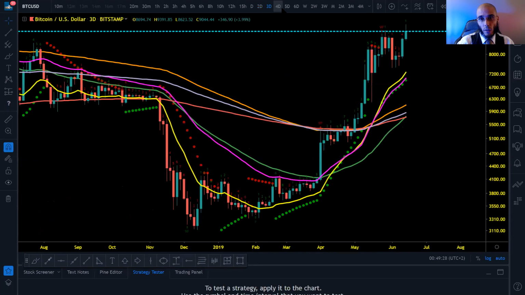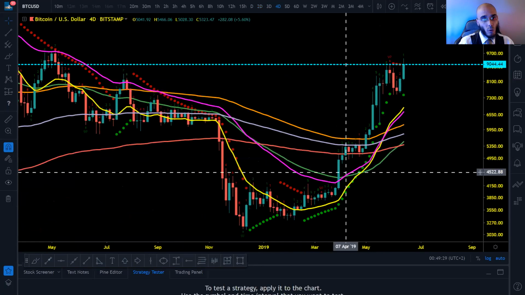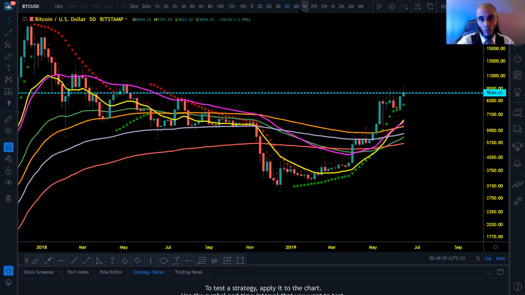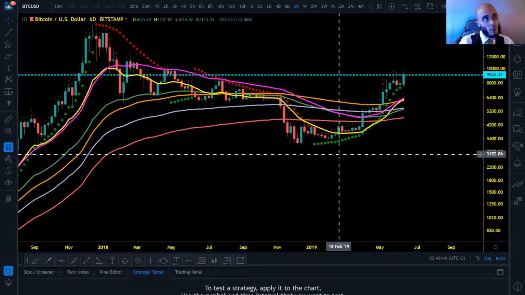On the 4-day, you are on a 1 up without confirmation. On the 5-day, you're on a 2 up with confirmation. On the 6-day, you are on a 6 up with confirmation.